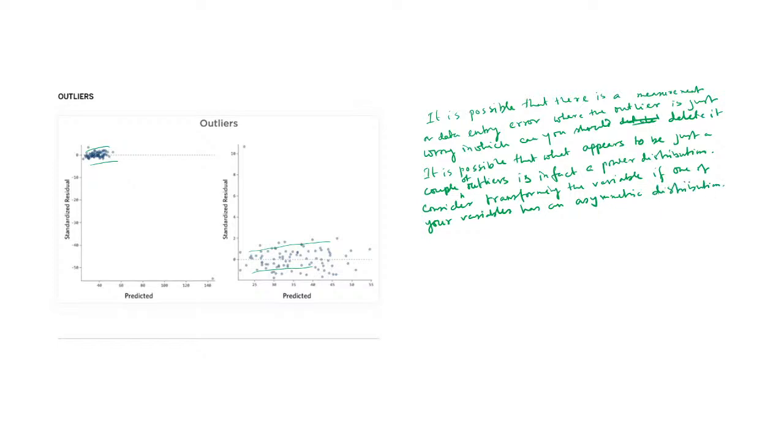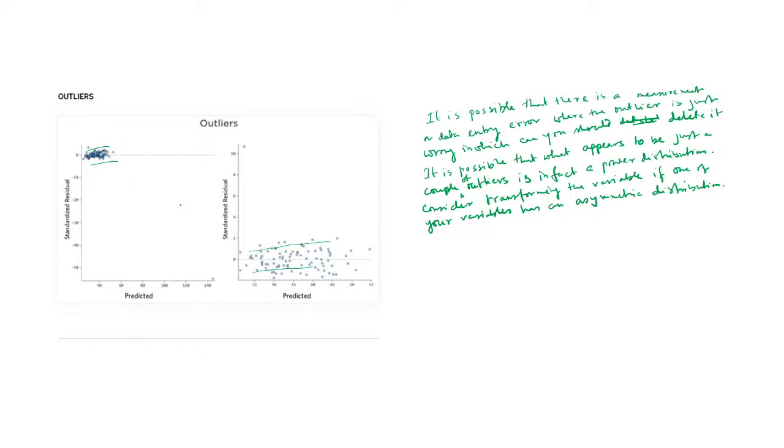Actually I mean to say, if your residual plots look like this, there is a clear indication of the presence of outliers.